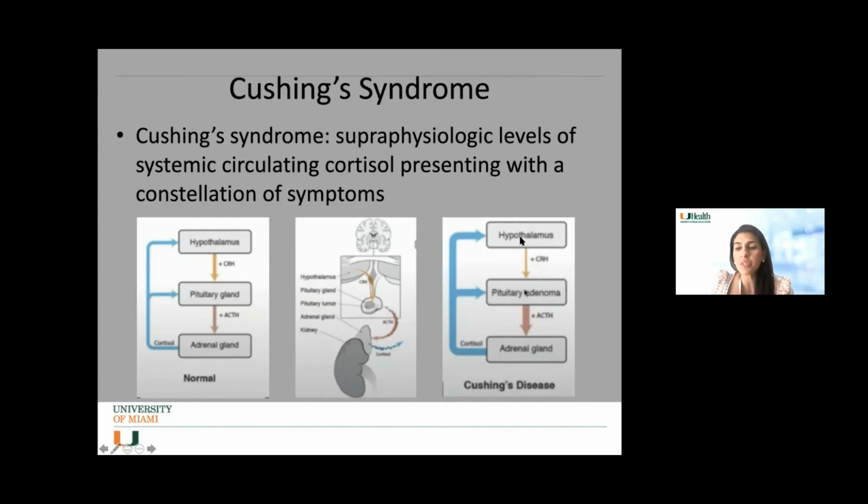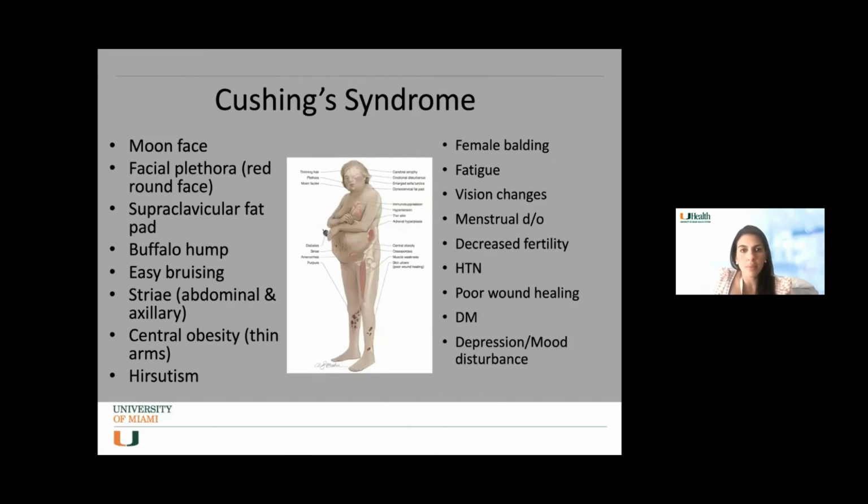In Cushing's disease, you're going to have excess levels of ACTH being secreted possibly by a pituitary adenoma, and that acts on the adrenal gland to then elevate the level of cortisol in the system systemically. Cushing's syndrome is a clinical manifestation of this.